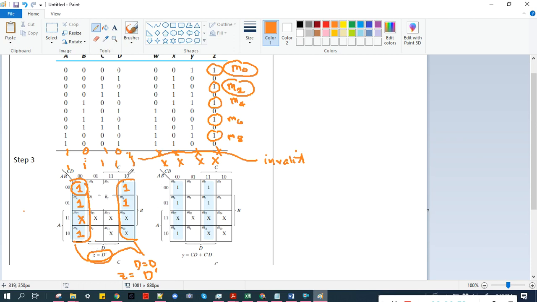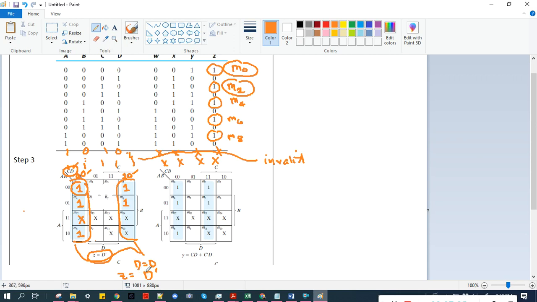The common is, but this is row 1, 0. This is 0, 0. The common is the last term 0. And that corresponds to CD. D is equal to 0, and if you write it in function form, that's the output Z. This is for the Z K-map.